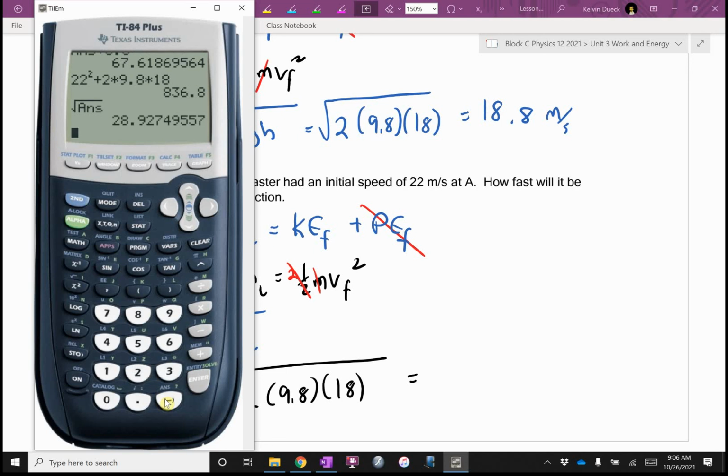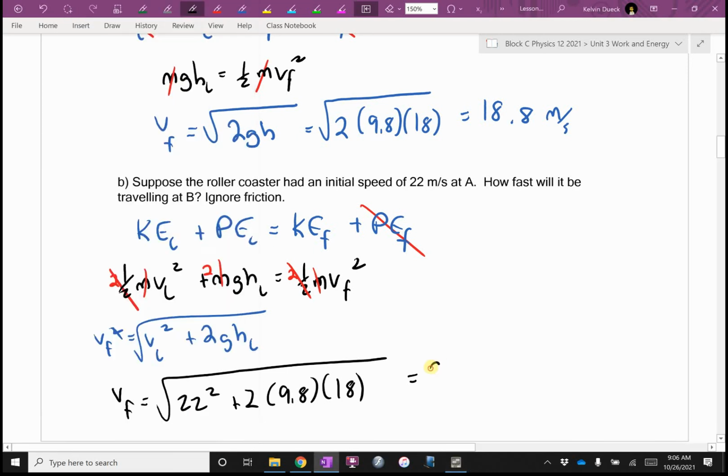Oh, that's a better coaster. 28.9. Multiply that by 3.6. How fast are we going? How fast? Okay, that'll stand in line for.